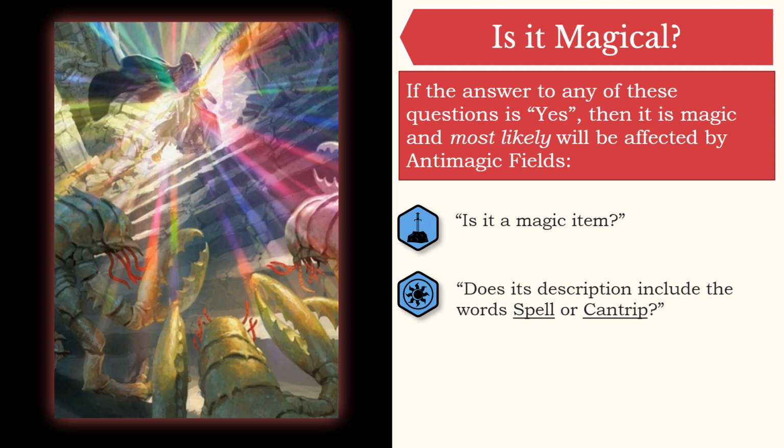Spells, spell attacks, abilities that consume spell slots when they're used, and anytime you literally see the word spell or cantrip. This does not include effects that share the name of a spell, but do not specifically include the word spell or cantrip in their description. So for example, a Beholder's Sleep Ray.